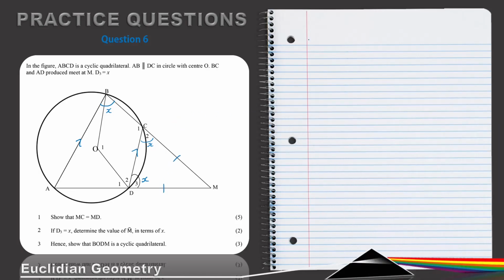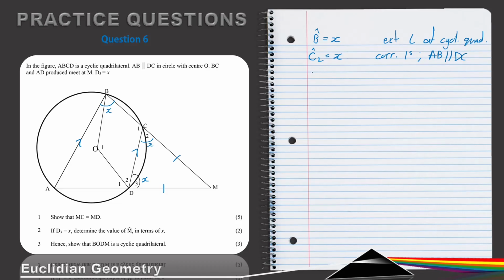So to write that down, we're going to say that angle B is equal to x because of the exterior angle of cyclic quad. And then we can say that angle C2 is equal to x because they are corresponding angles, where AB is parallel to DC.